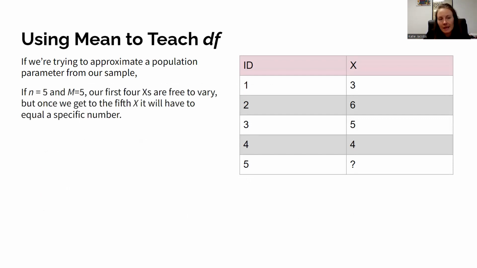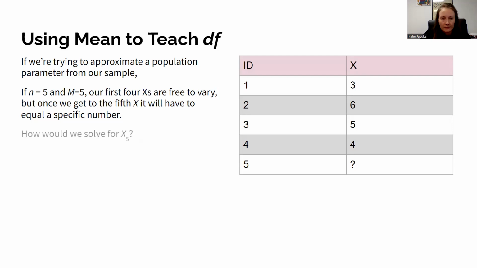If our sample size equals 5, and if we remember M equals mean, can be the mean of a sample or a population. If our mean is 5, our first 4 X values are free to vary. But once we get to that 5th X, it'll have to equal a very specific number.